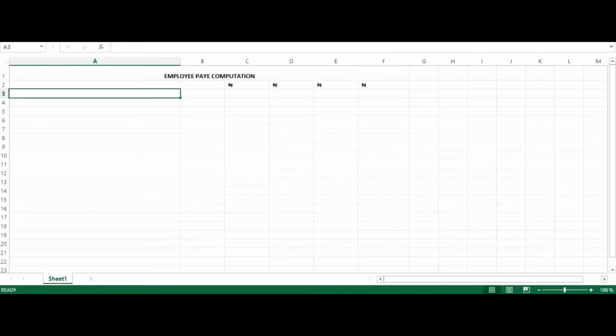I'm going to calculate the PAYE of an employee using the gross annual income of, let's say, 2,400,000, which means every month this person's gross income is 200,000.